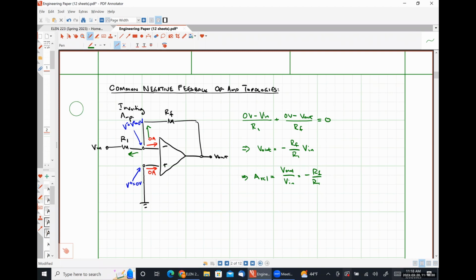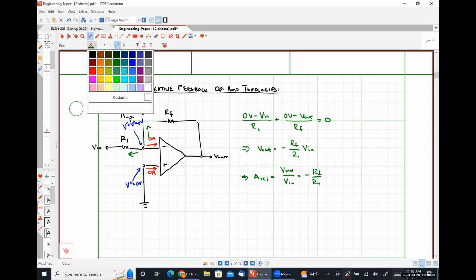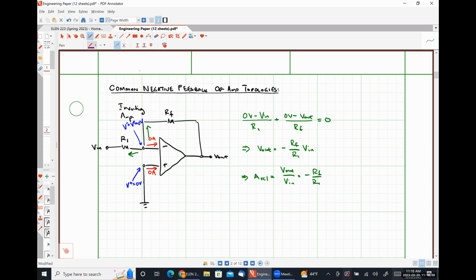So, ways that could be used to potentially trip you up. Let's do these in this purplish color. If I put some load resistance between my output node and ground, does it change my relationships at all?